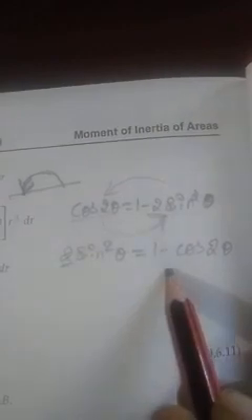So what I will do is send this term to the other side. Finally this will become 2 sin square theta is equal to 1 minus cos 2 theta. Whatever 2 is there, I will send to the denominator.